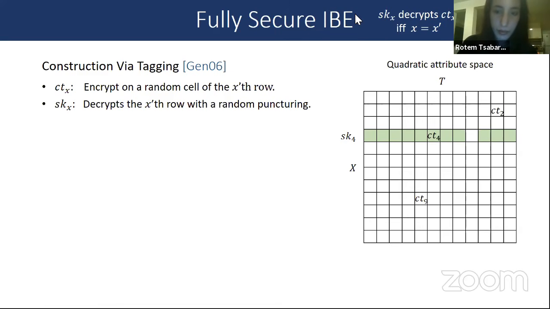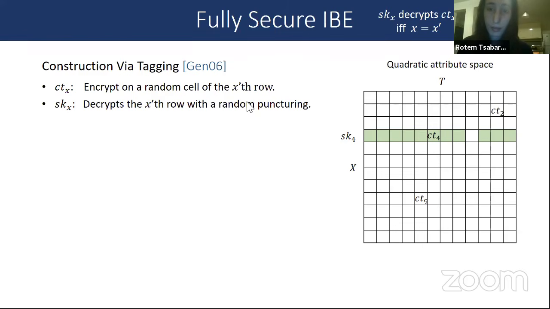And the other question was what happens with the message when I encrypt. So when I want to encrypt with respect to some attribute X, then I would still encrypt the same message, but now I only change the attribute with respect to which I encrypt. Because if you recall, in the definition of IBE, whenever I want to encrypt a message, I provide the encryption algorithm both with the message and the attribute with respect to which I want to encrypt.